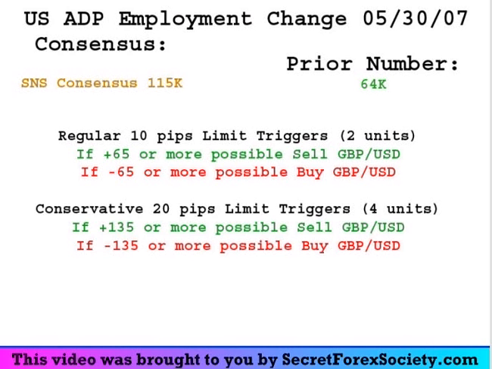Regarding the level, the price is trading about 97.60 right now on the GBP USD. I wouldn't be surprised if it could go down to about 97.35 and then quickly retrace about 20-25 pips, so we've got to count on that. I'm just going to use 10 pips limit triggers.